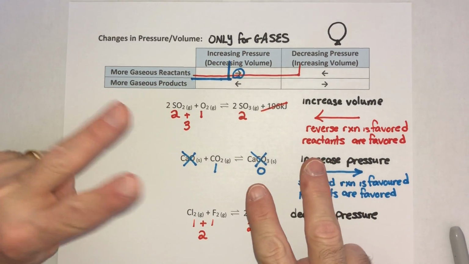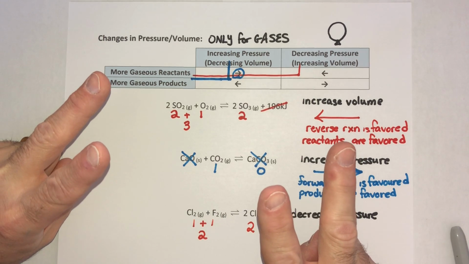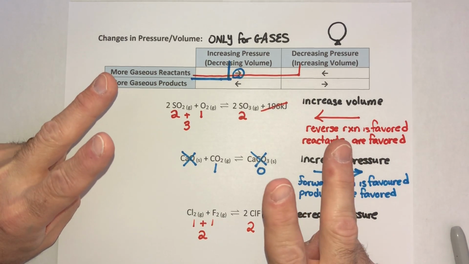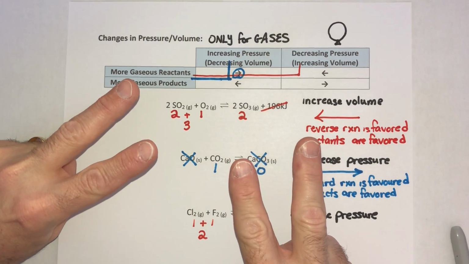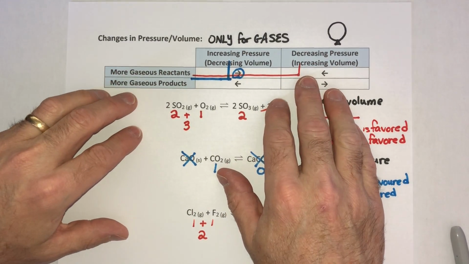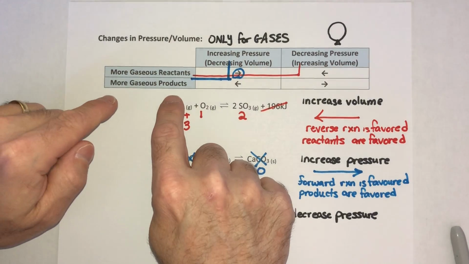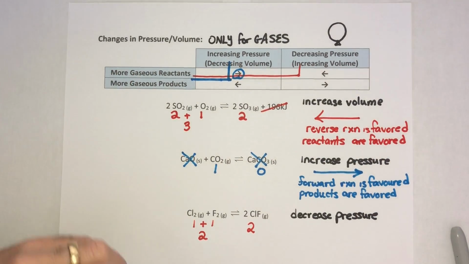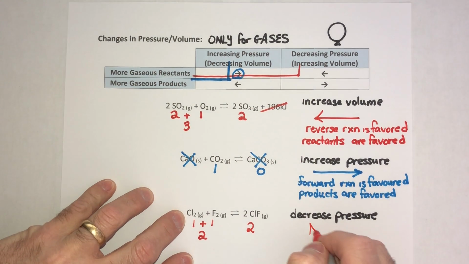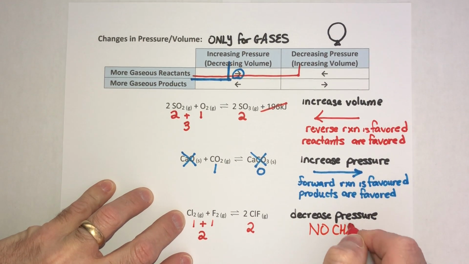Which one's more, 2 or 2? The answer, of course, is neither one of them, right? They're both the same. This only works if you have more gas reactants or if you have more gas products. If you have the exact same amount, then the answer is going to be no change.